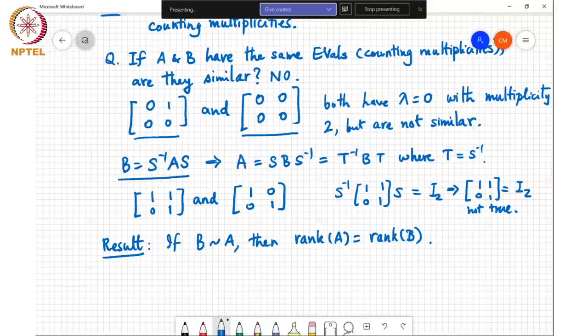That is to say that the matrix A belongs to a certain equivalence class, and does this equivalence class contain any diagonal matrix in it? So that is the following definition.